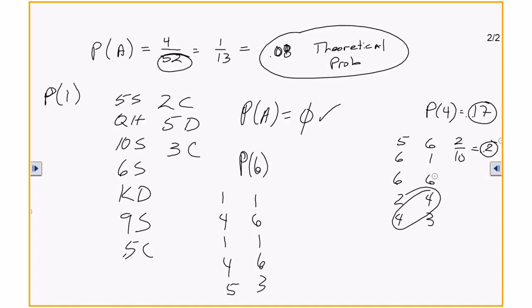Go ahead. 3, 5, 6, 4, 4, 2, 1, 3, 2, 4. That die knows what we're doing, don't they? Doesn't it? No, it doesn't.